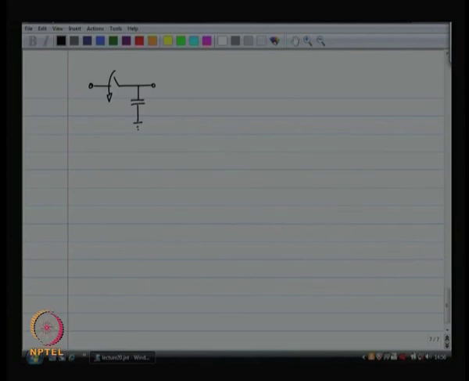Then suddenly you switch off the switch, you remove the switch, in which case the switch is now a resistor which is very large, that is also fine. The noise that is deposited on the capacitor is kT by C.